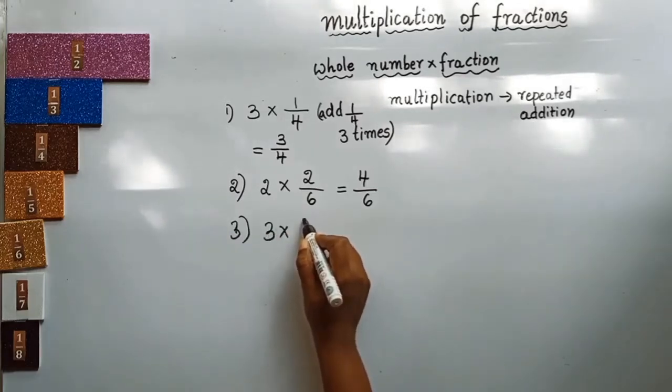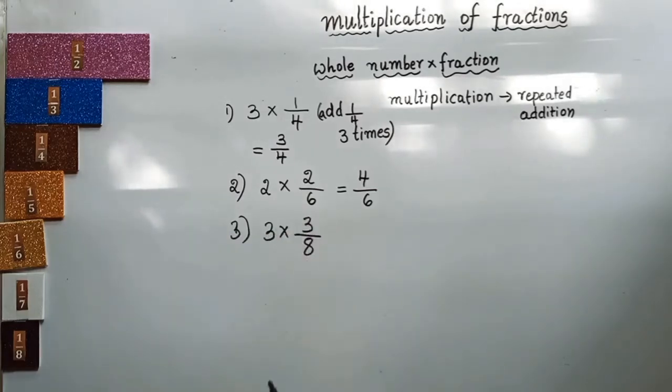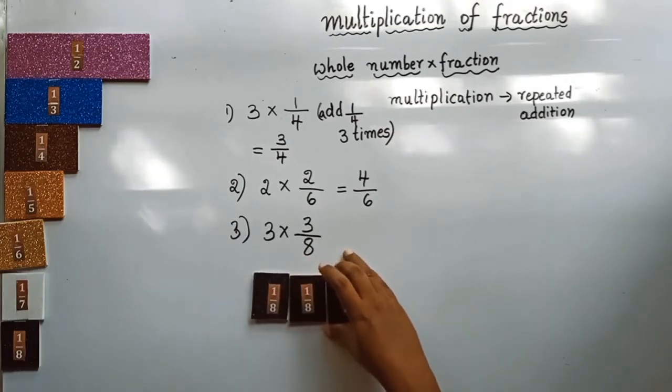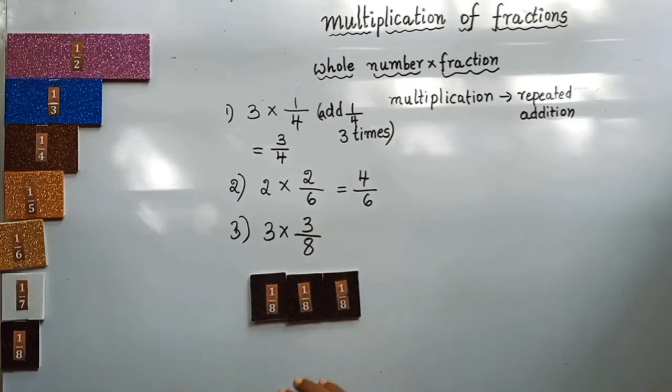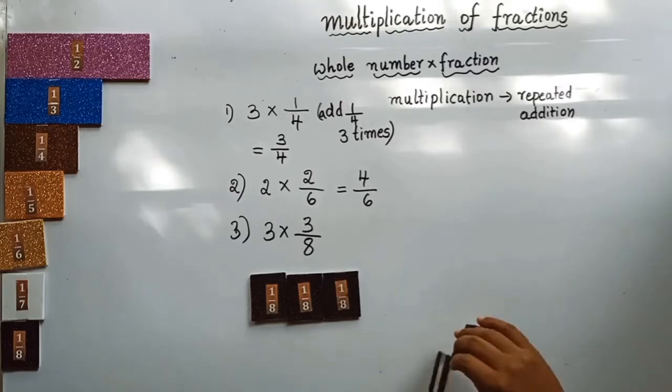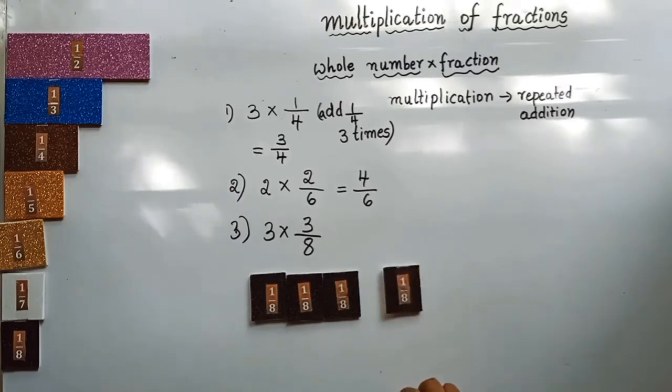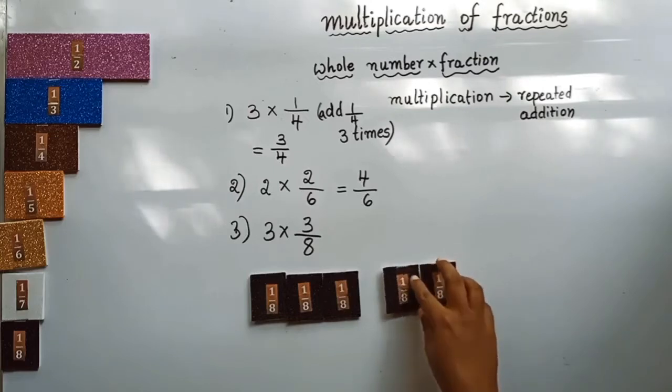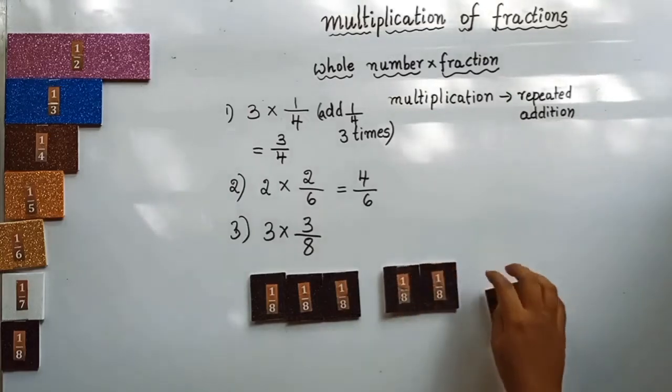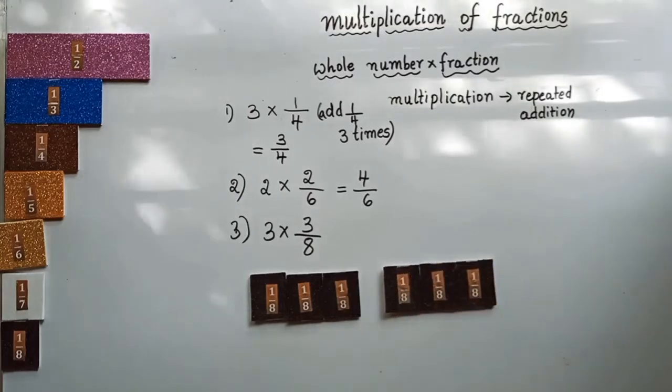See the next example. 3 into 3 by 8. Now you have to take 3 by 8. How many times? 3 times. 3 by 8, 3 by 8. Now 2 times over.